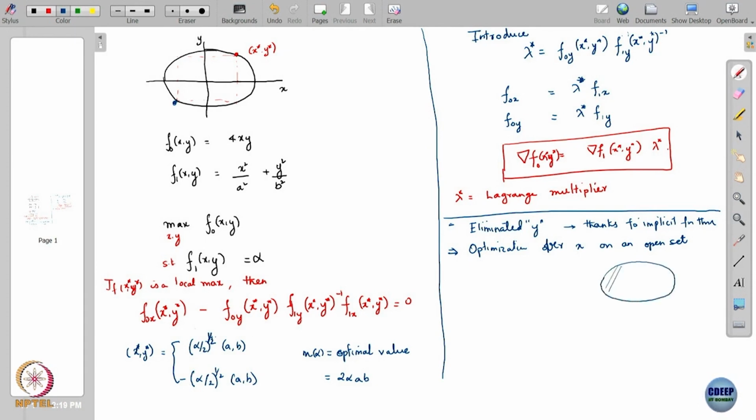You have the ellipse and also the shell of the ellipse and also the interior. Now, if you have a problem like this, where you have both the shell and the interior, it is not possible to say that you will be able to eliminate one variable in terms of the other. You can do it provided you are constrained to be on that surface, because that surface gives you this additional equation which lets you solve for one variable in terms of the other. But if you can be both on the surface as well as inside, there is no definite equation that you can invoke.